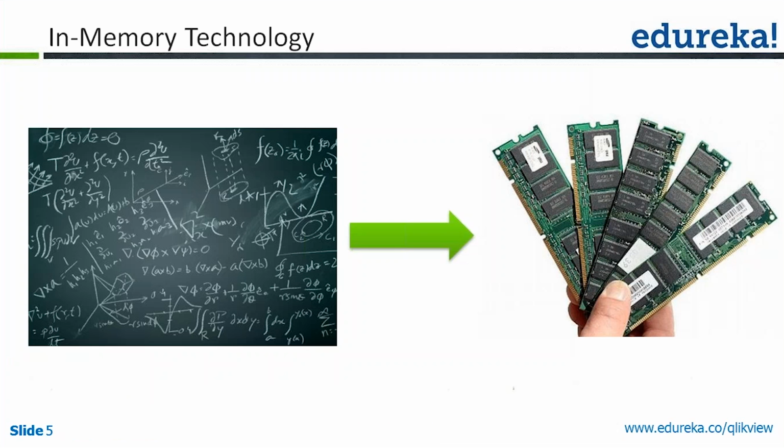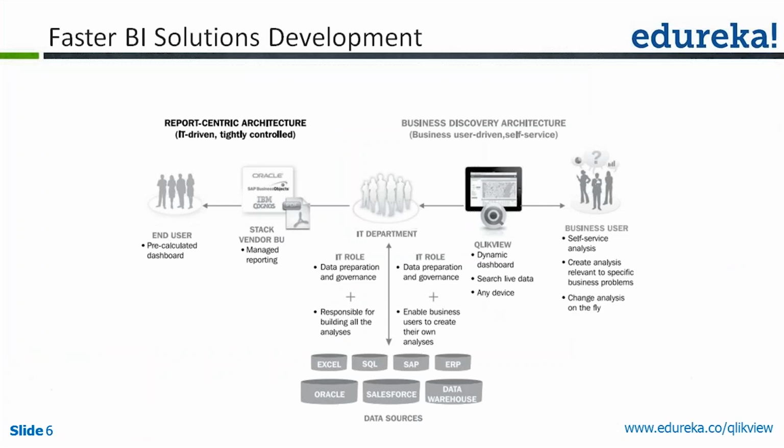So after in-memory technology, I have faster BI solutions development. If you have seen any BI deployment, it is always via the IT route, where IT takes the role of suggesting the tool and making sure that the tool adheres to all of the policies.